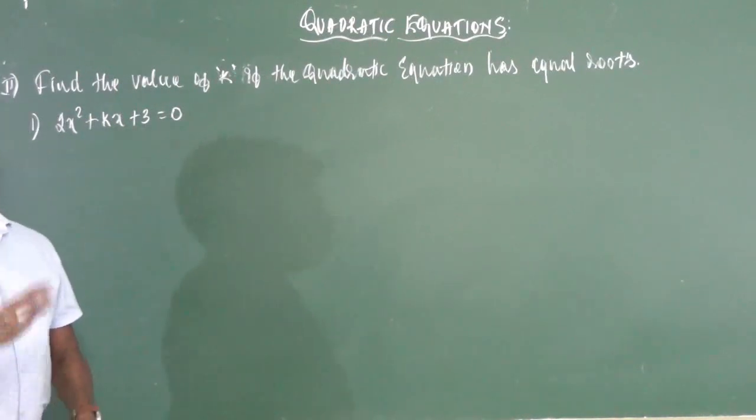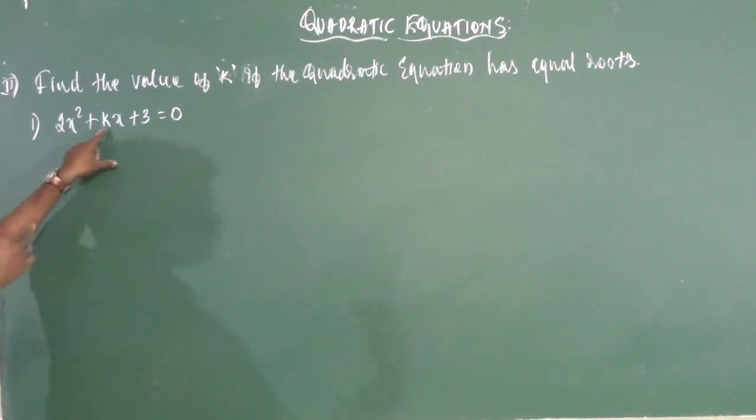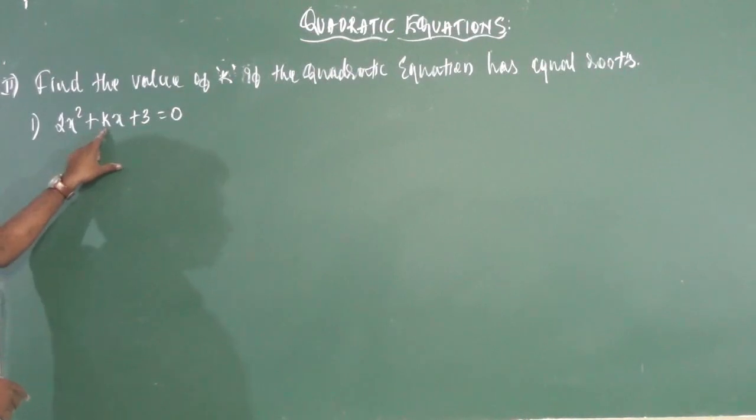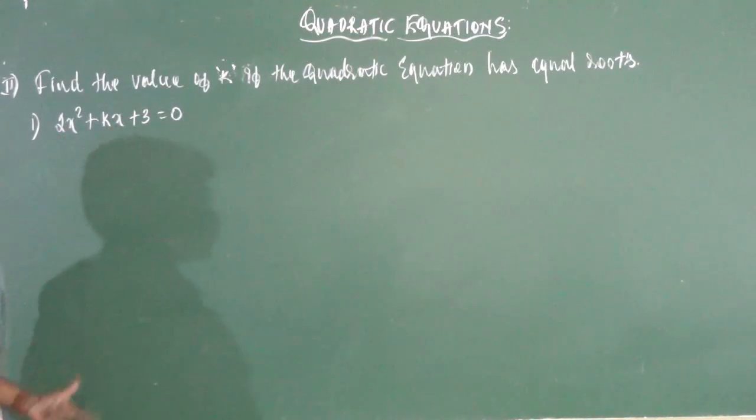So find the value of k which is being replaced by b. In place of b we have k here. We have to find the value of this k if this quadratic equation gives you equal roots. I will tell you the procedure of how it is to be done.